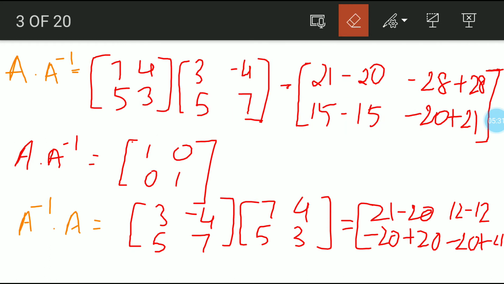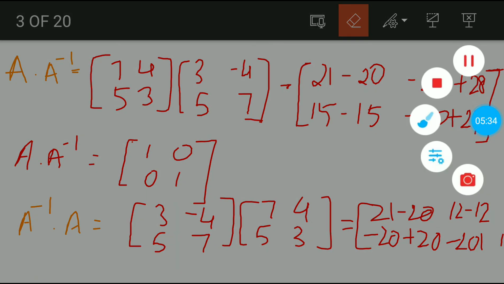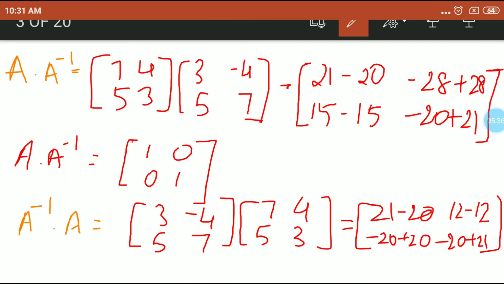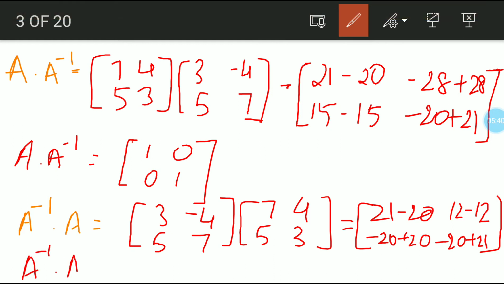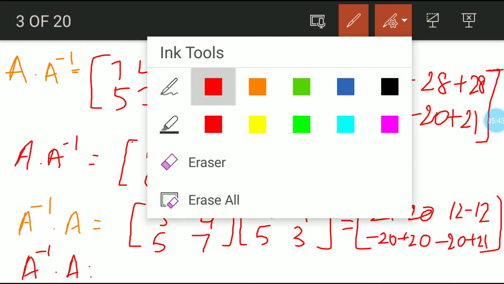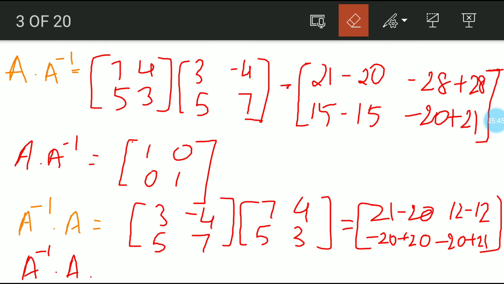So A inverse into A is equal to [1, 0; 0, 1]. What is this? It is identity only, right? So hence that rule, whatever was there, was proved.